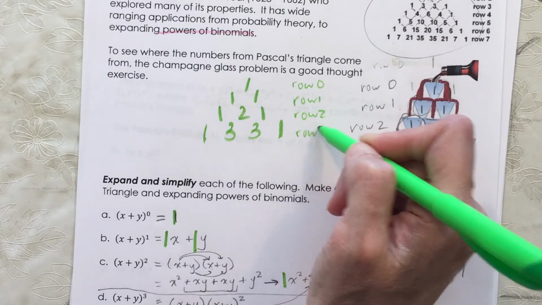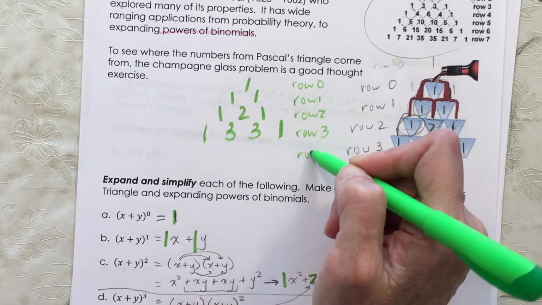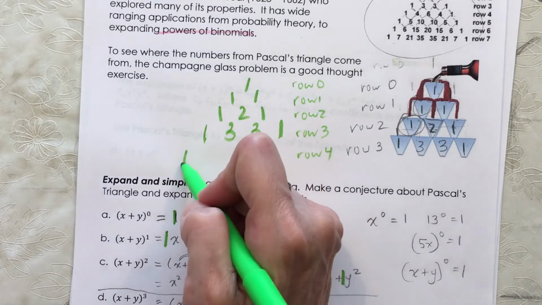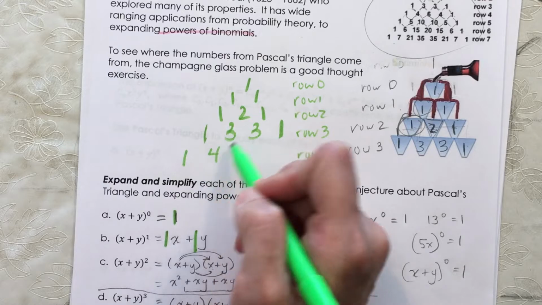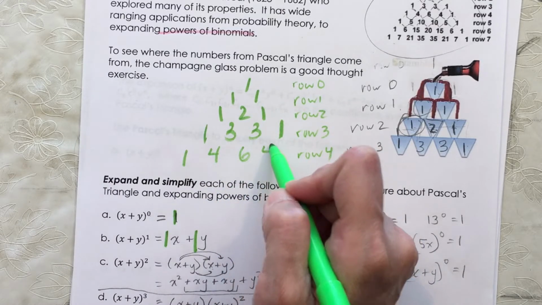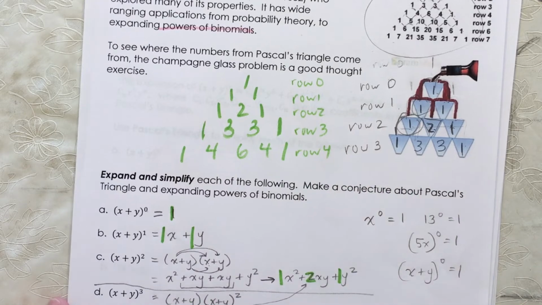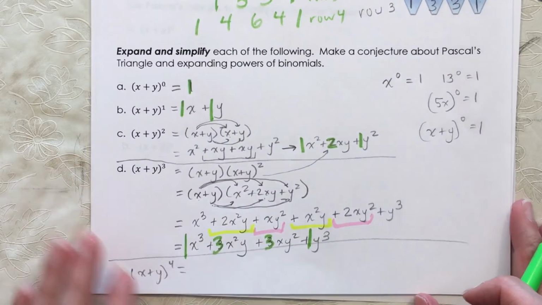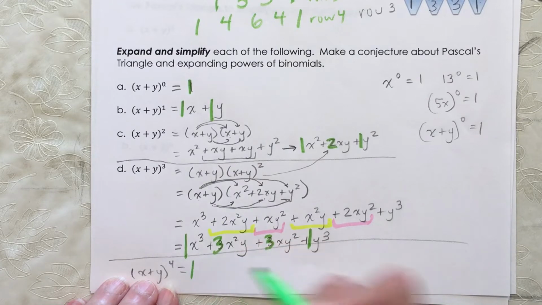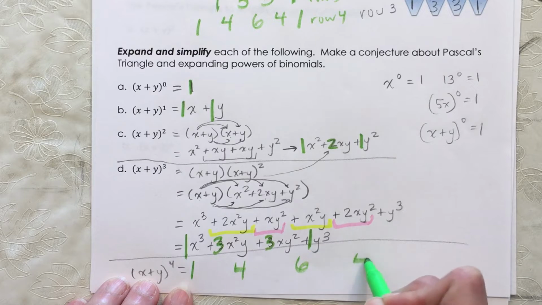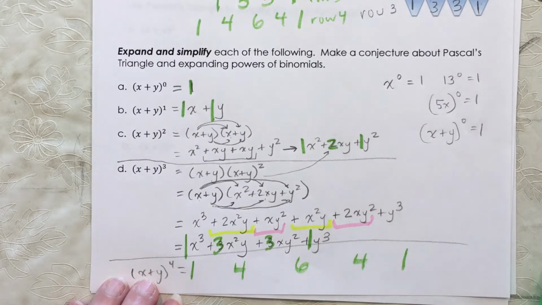When the exponent was a 3, I was at row 3. So I'm assuming I'm going to be at row 4 when the exponent's a 4, which is going to be 1. 1 and 3 is 4. 3 and 3 is 6. 3 and 1 is 4, ending in a 1. So if I use that prediction, I would expect my coefficients to be 1, 4, 6, 4, 1.